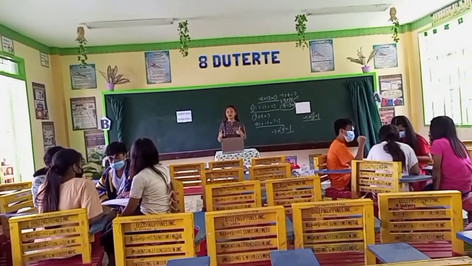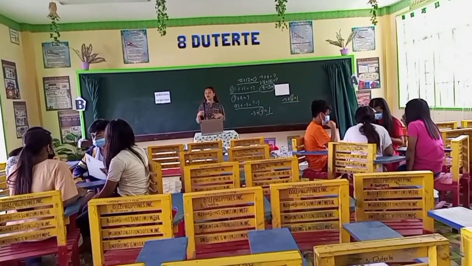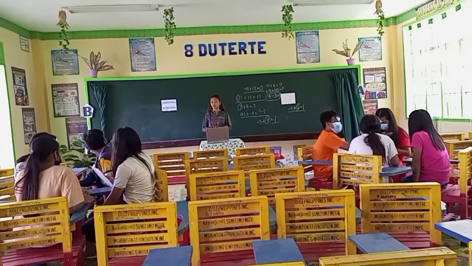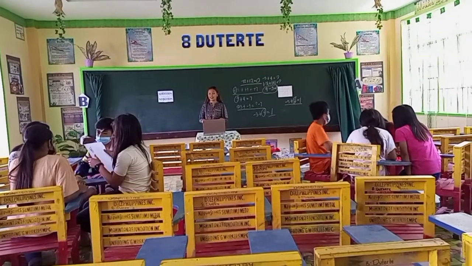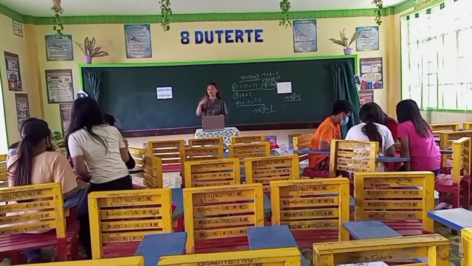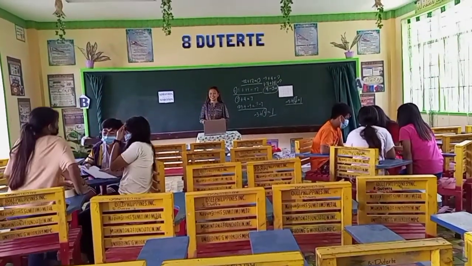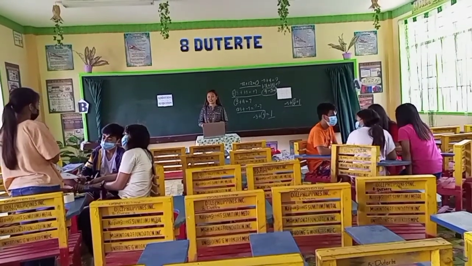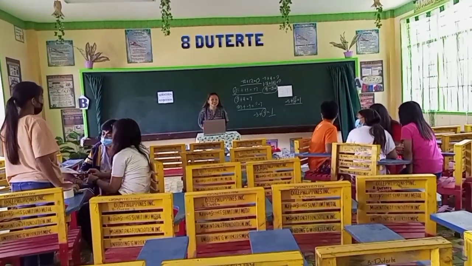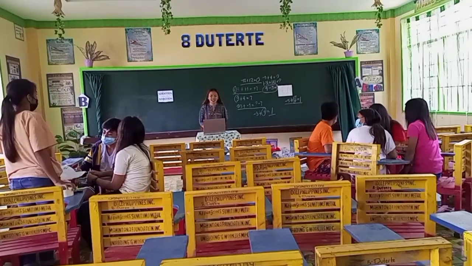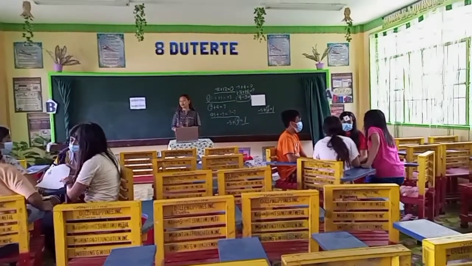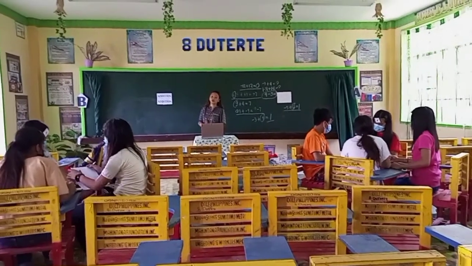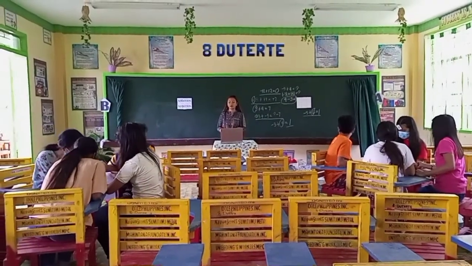So for the group 1, number 4 is going to answer what is the result of negative 63 plus negative 9. Number 4, kindly tell me the answer. Negative 54. And what rule? What rule ang naka-apply sa problem na yon?